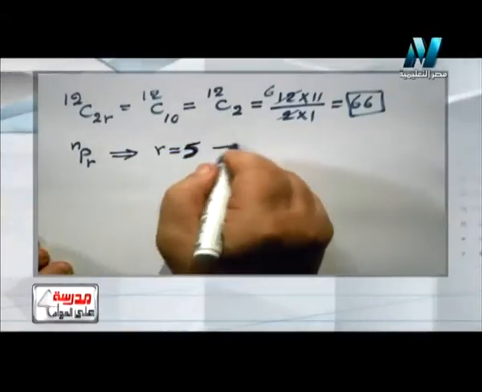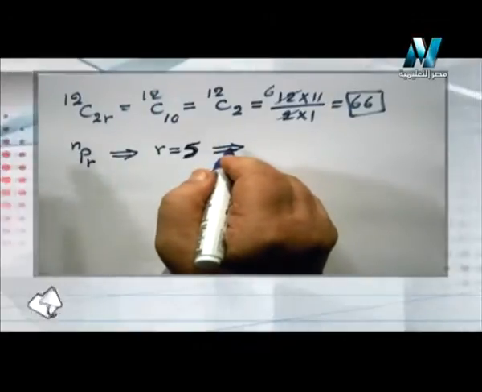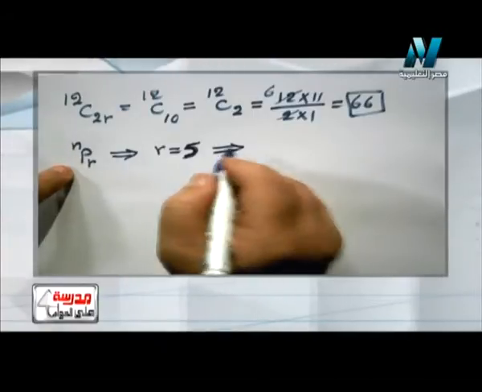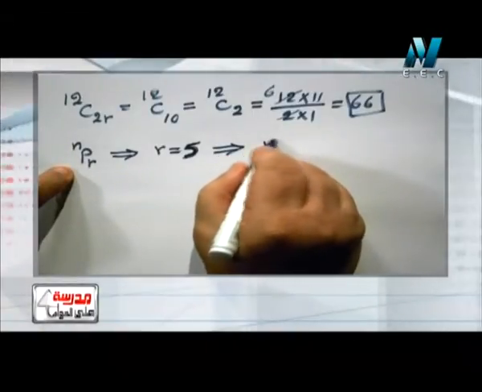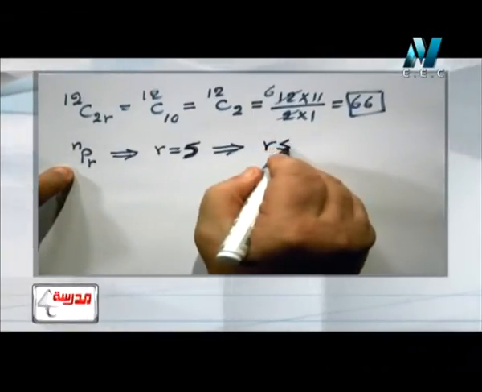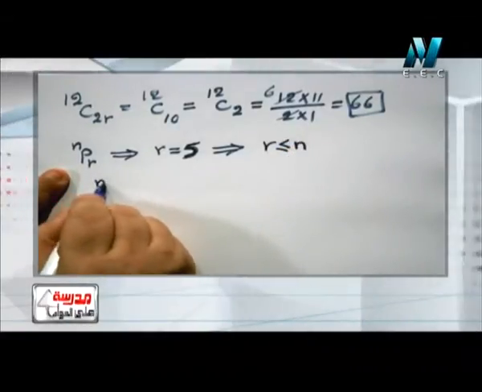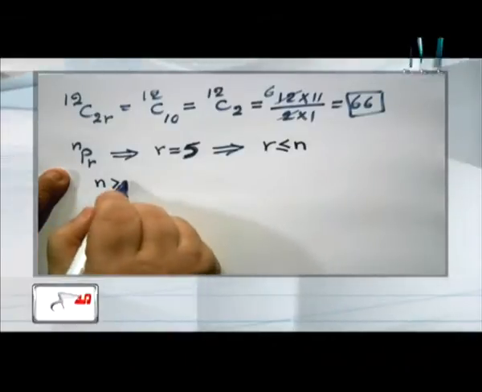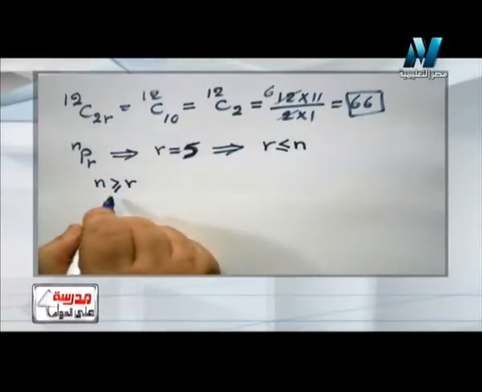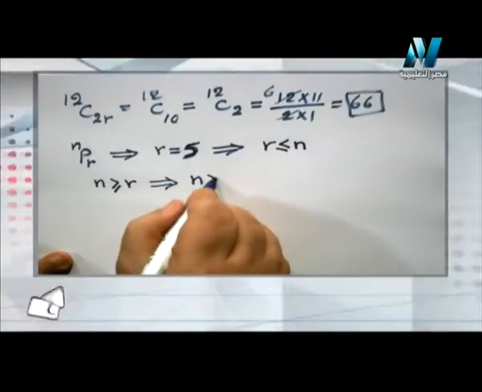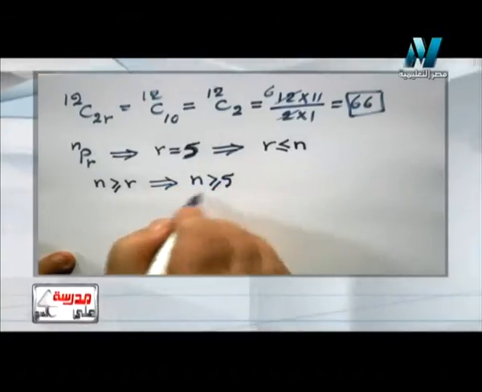Therefore, from the combination or permutation, the condition is that r must be less than or equal to n, or n greater than or equal to r. And r is 5, therefore n greater than or equal 5.